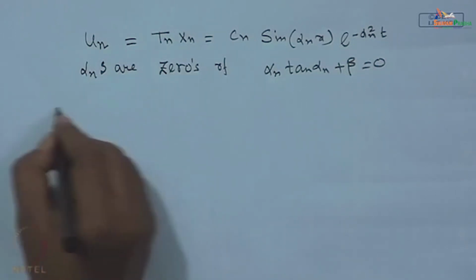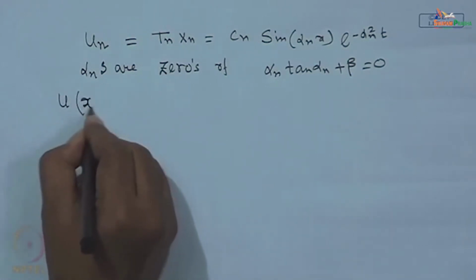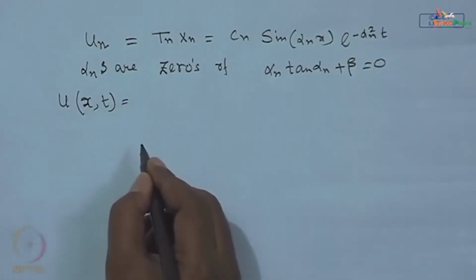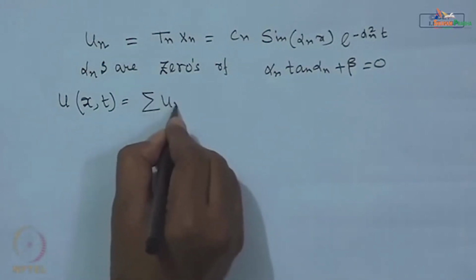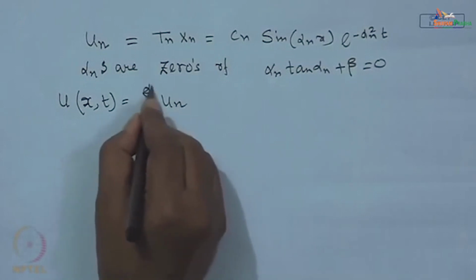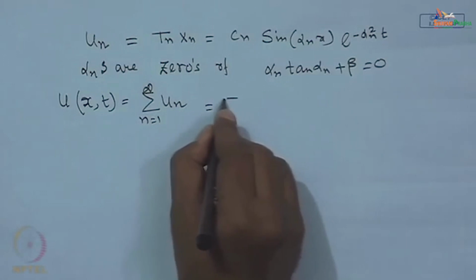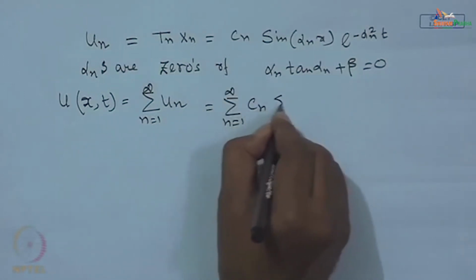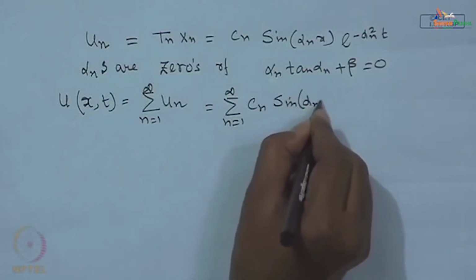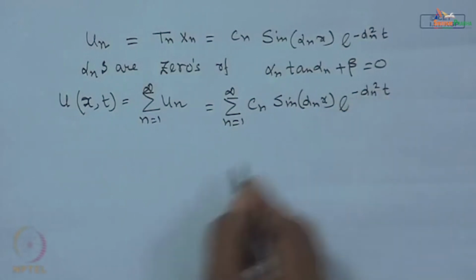So, the complete solution of this problem is a linear superposition of all the eigen solutions. Therefore, u(x,t) is nothing but the summation of u_n, where n is equal to 1 to infinity. So we will be getting the summation n is equal to 1 to infinity C_n sin(alpha_n x) e to the power minus alpha_n squared t.